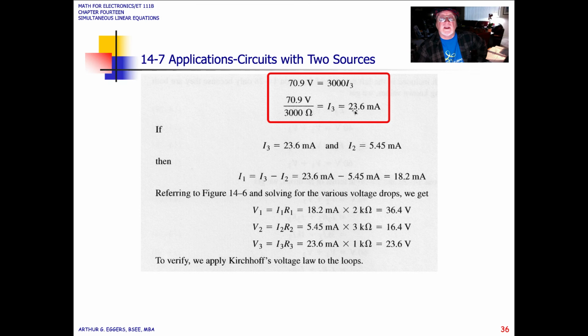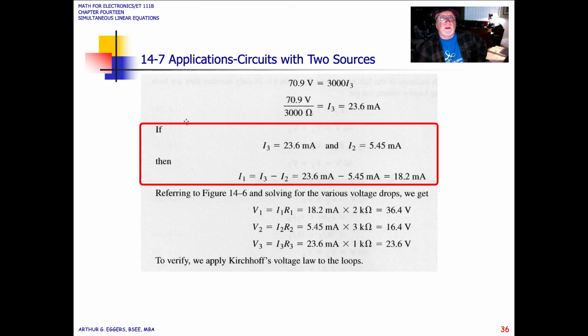I3 then yields a value of 23.6 milliamps. So if I3 is 23.6 milliamps and I2 is 5.45 milliamps, we go back to the expression that we solved for current I1 as the difference of I3 and I2, and we get I1 equal to 18.2 milliamps.